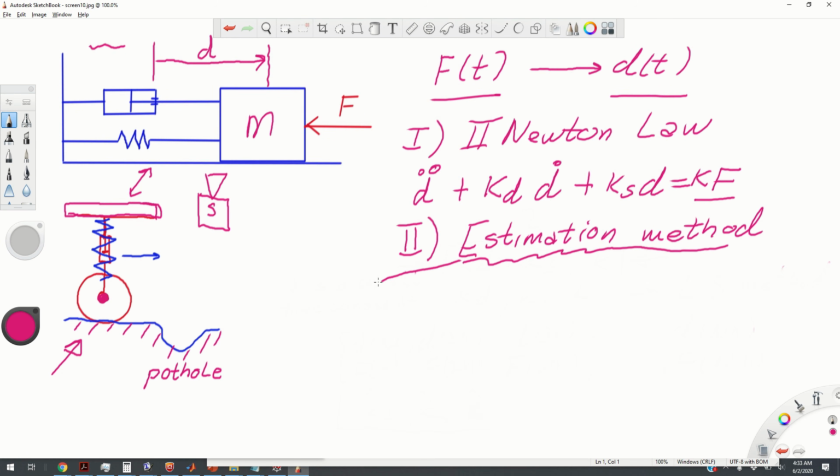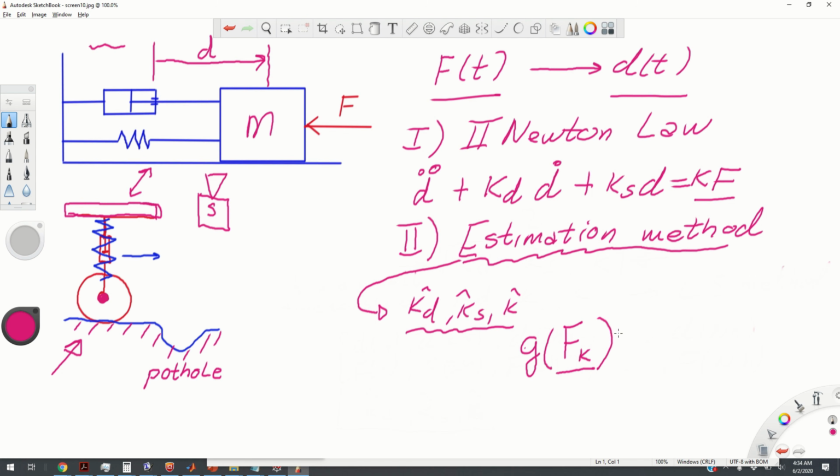One of the estimation methods is not actually estimating the precise values of the constants K, D, Ks, and K. Instead, this method will try to find some kind of function, let's call it a g function, that will relate force at the time instant k.